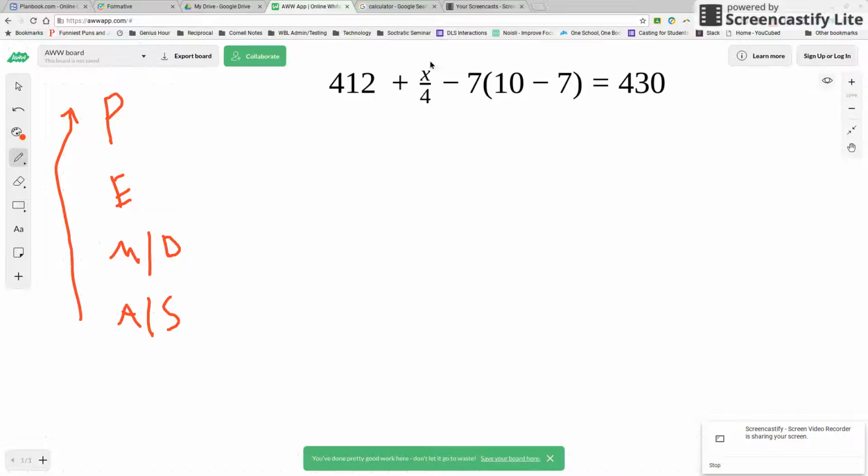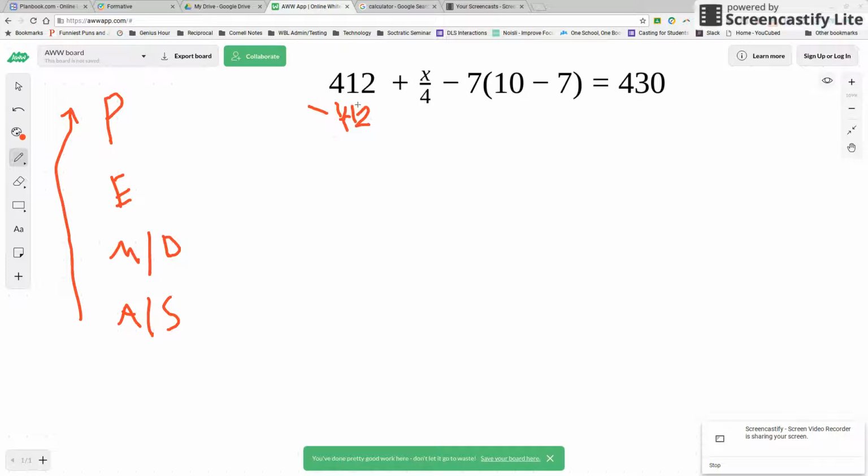Whenever we're solving for variables, remember we want to isolate that variable, which means get it on one side of the equal sign all by itself, because then we can easily figure out what it is. So if I'm looking here, I see right away at the beginning of the equation, it says to add 412. Well, if I want to undo that, because we're undoing the adding and subtracting first, I'm going to take away 412, because then I would have nothing left on this side of the equation.